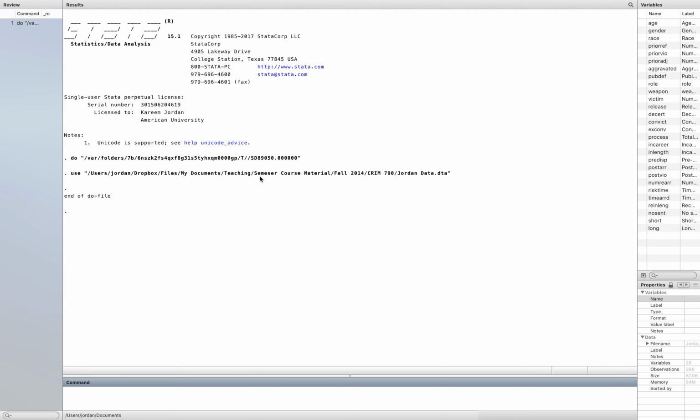You'll see that some of the file extensions are different because I used this another time that I taught this class, not at AU, but when I was at UMass Lowell for a PhD course. So that's why it looks different, but the data is the exact same. So just use the Jordan data.